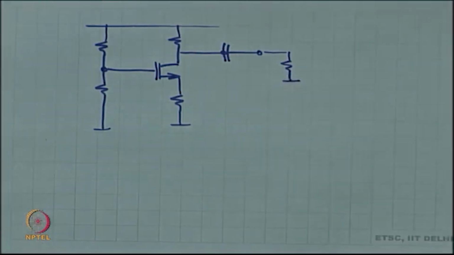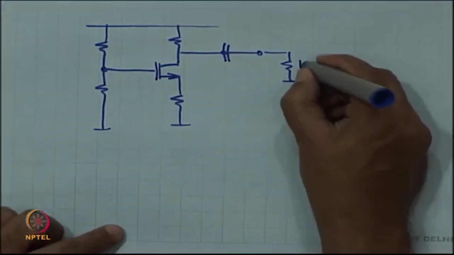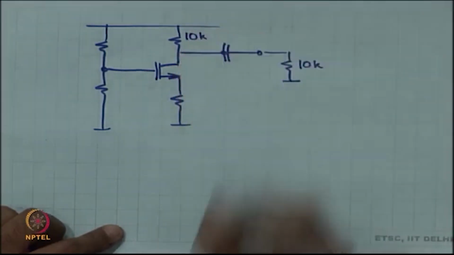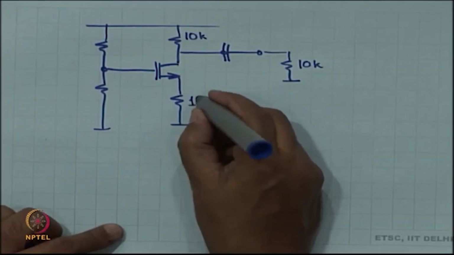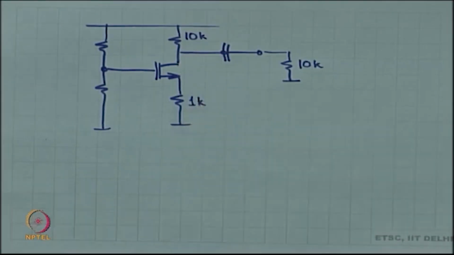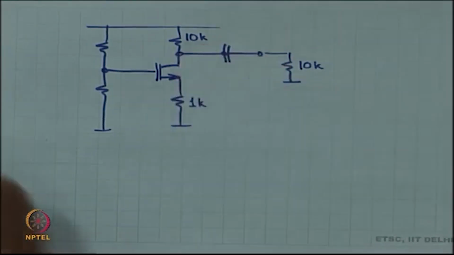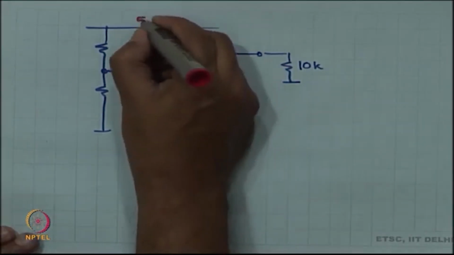So, let us do a complicated one. Let us say this is 10K, this is 10K and this is 1K. Okay. And let us say that this voltage over here is 5 volts, VDD is 5 volts.